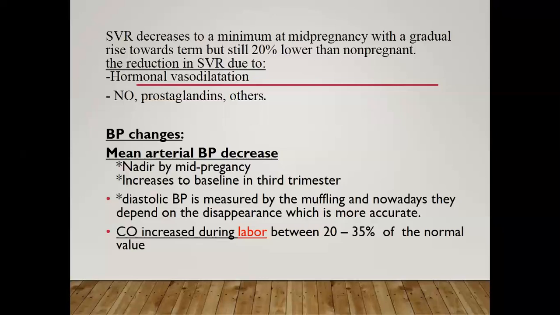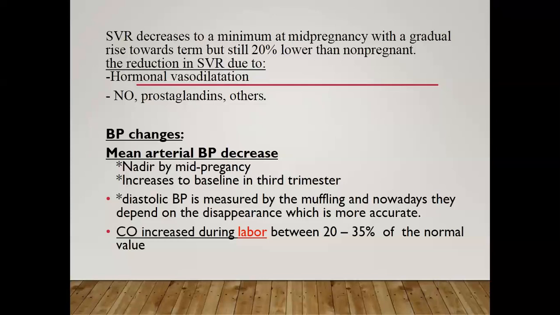So this will keep the blood pressure of normal, non-hypertensive women about normal. This reduction in systemic vascular resistance is due to hormonal vasodilatation, nitric oxide, increased prostaglandins, and others.